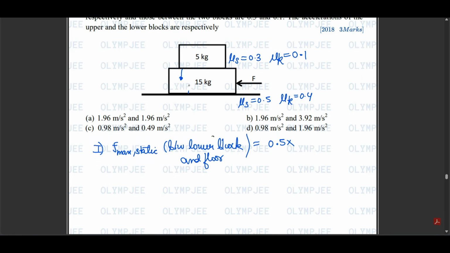So the normal force which is here would also be contributing to the normal force which the floor is exerting on the 15 kg block. So total 20 kgs we'll take, and g we'll take as 10. So this will be 100 newtons. So 100 newtons is the maximum static friction between 15 kg and the floor. So if the F is less than 100 newtons, none of the blocks will move, right?